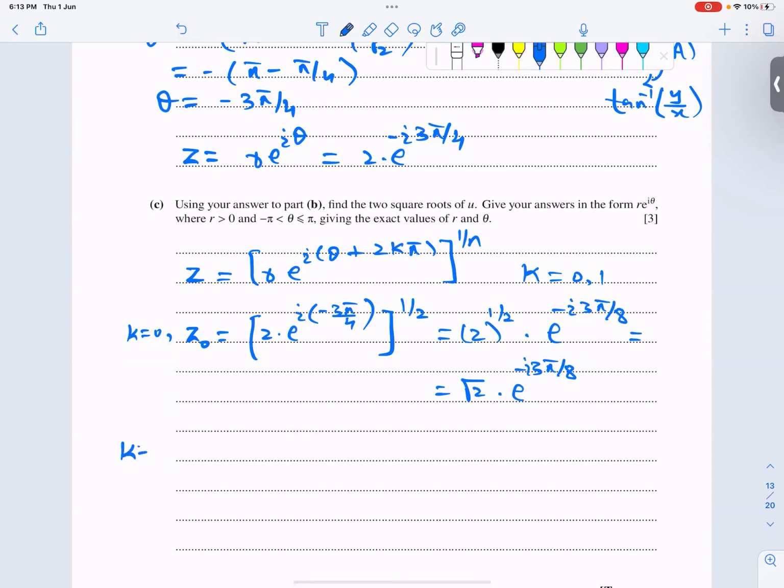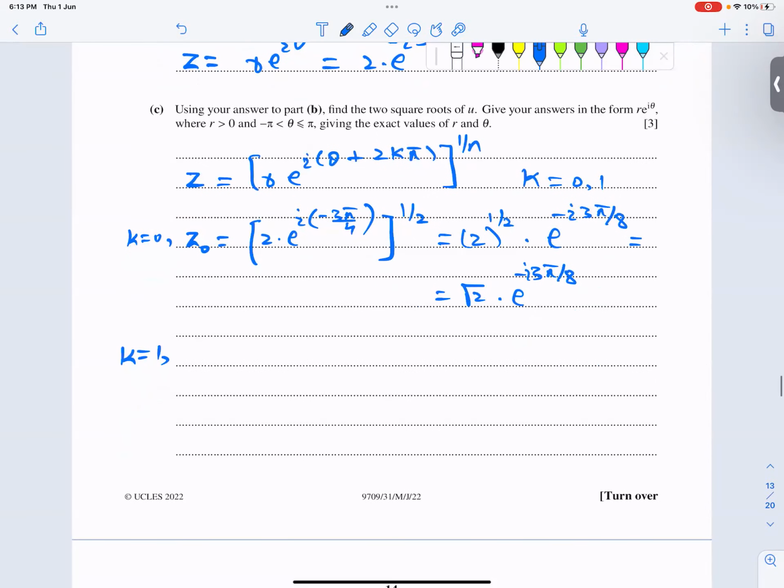So for the second root, we'll put k equal to 1. That will be just z1 equal to 2 e to the i theta plus 2 pi. We will put k equal to 1 here. Theta plus 2 pi.